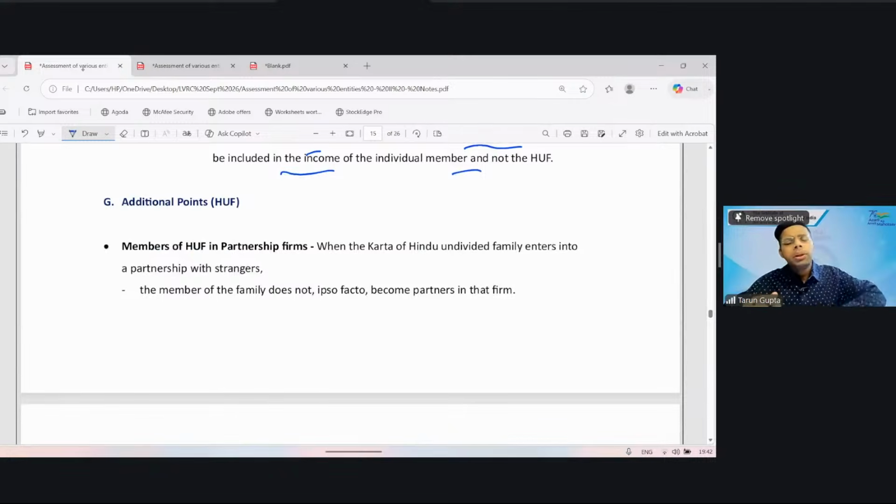Now, some basic point, though not much relevant from taxation point of view, but a part of your course. So it says, if a karta is a partner in his individual capacity in a partnership firm with some strangers, then it doesn't mean that other members of the HUF are also partners. Okay.